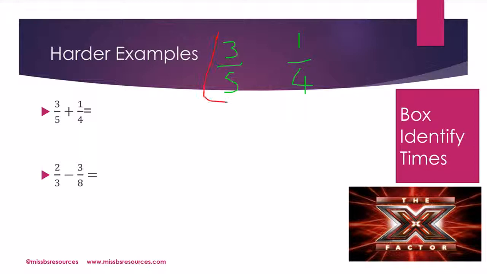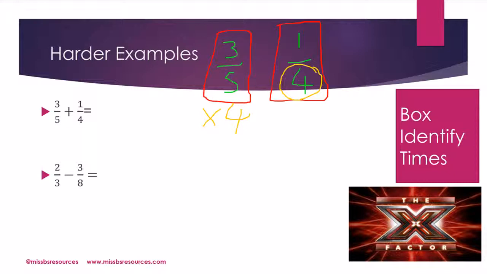The next thing we're going to do is we're going to identify what we're multiplying by. So you multiply by the opposite denominator. So this first fraction here we're going to multiply by 4. And the second fraction we are going to multiply by 5.